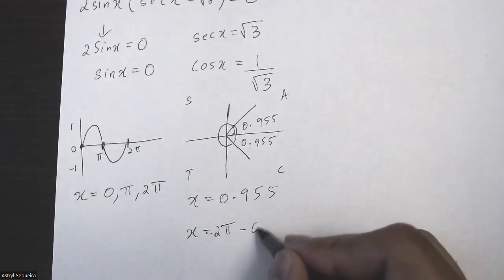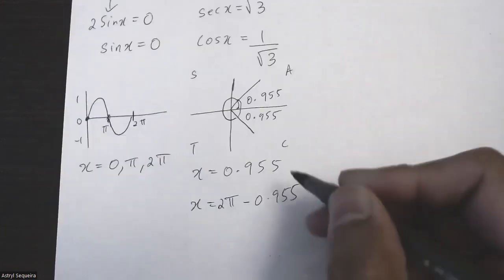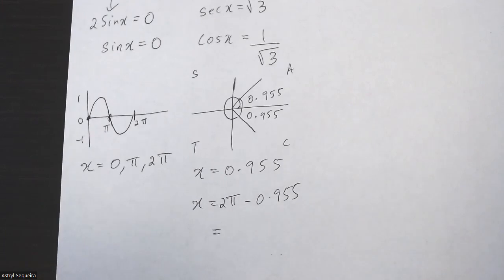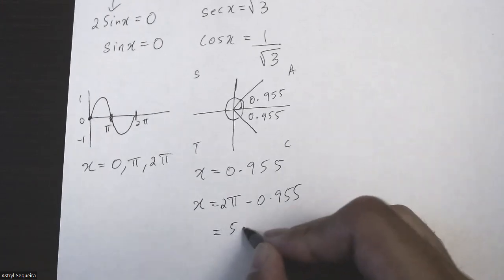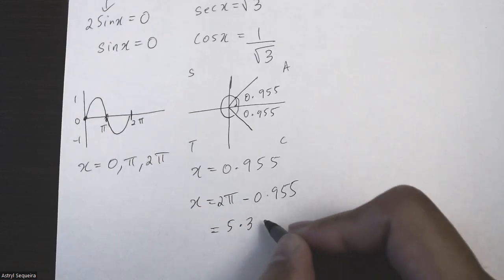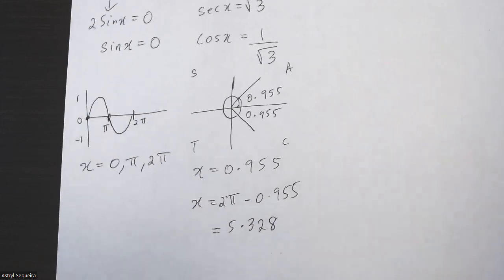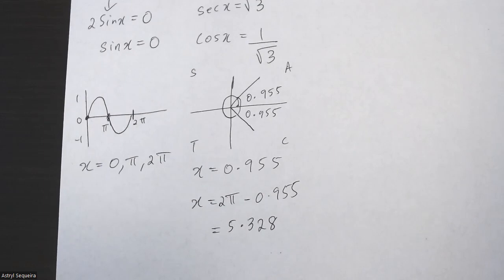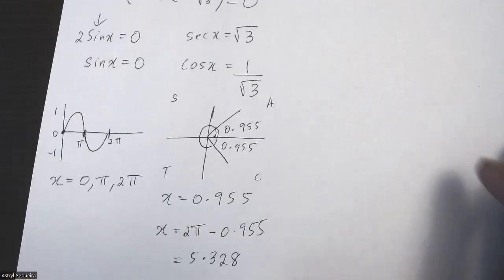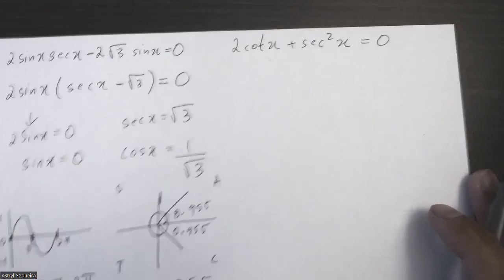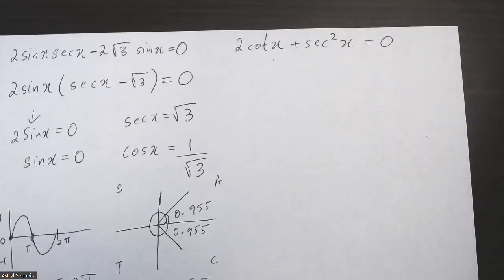I'm going to subtract 0.955 and do that on my calculator. I will get 5.328 as my solution. So it looks like we do need a calculator for this one. Let's go to the second question over here.